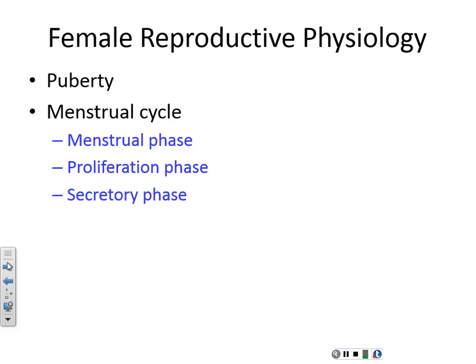And then puberty, of course, you get menarche, the first period, when you have a lot of gonadotropin releasing hormone, which then causes FSH and LH, and you've got estrogen and progesterone increase, and then the secondary sex characteristics start to become more prominent.